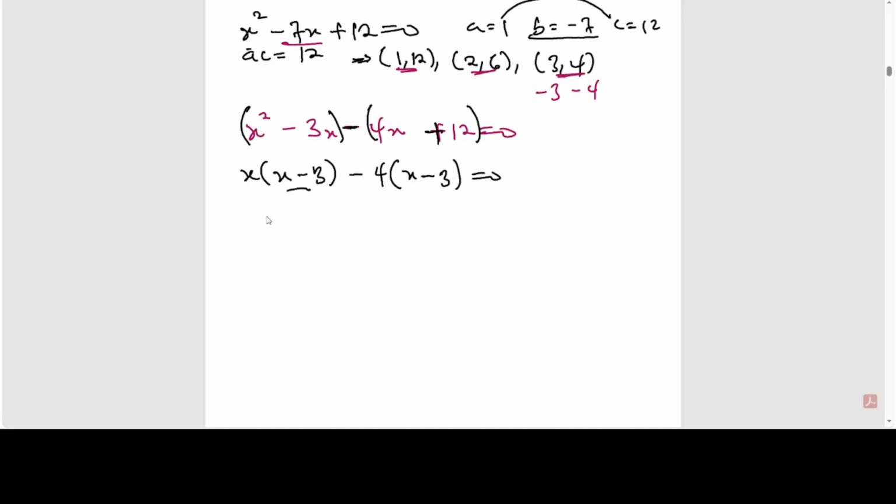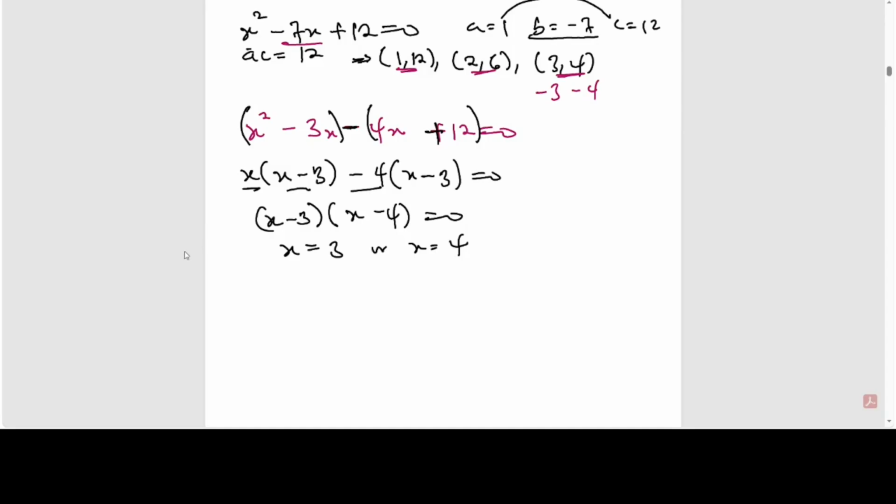So we write just one of them, x minus 3. And the ones outside are x minus 4 equal to 0. So the roots of the equation are x is equal to 3 or x is equal to 4. And that is our solution to this equation.